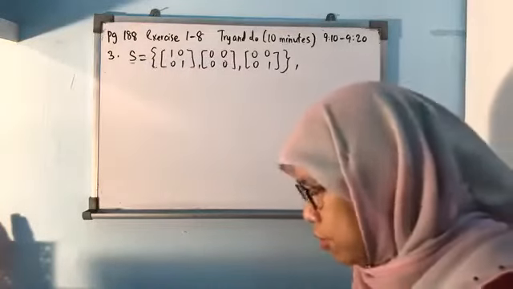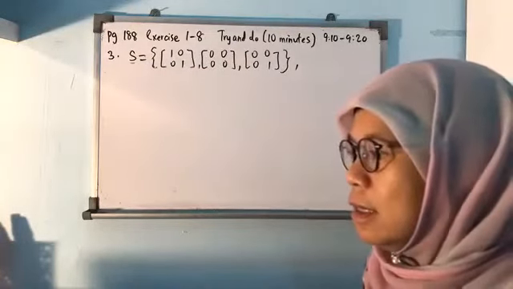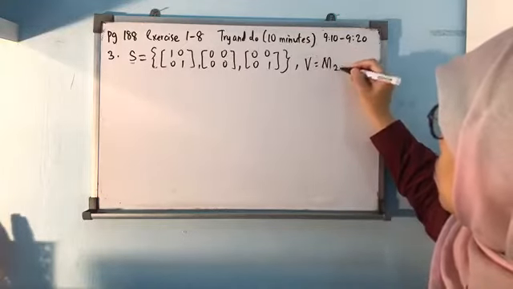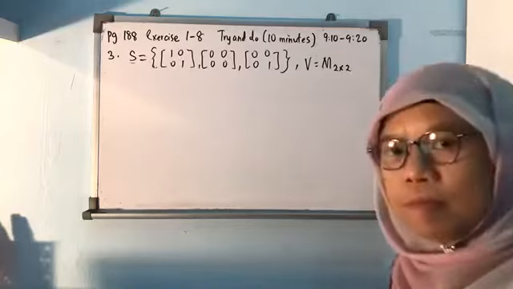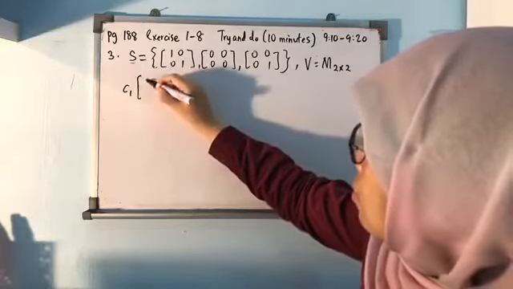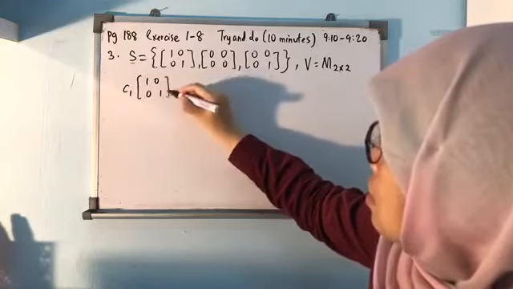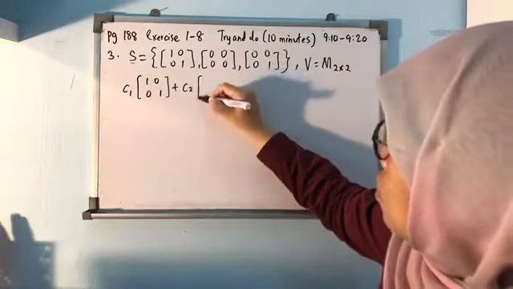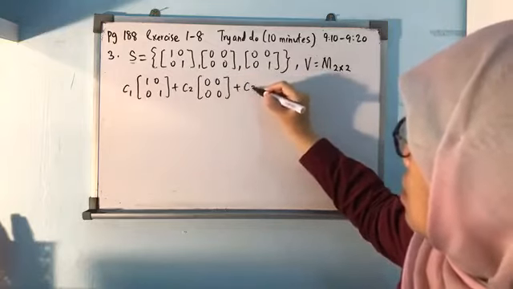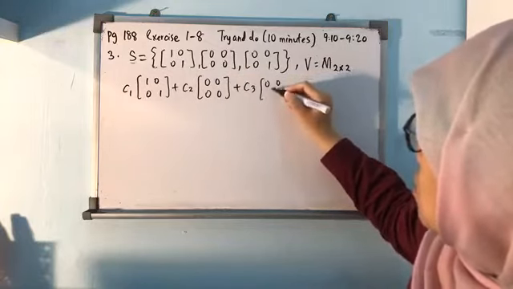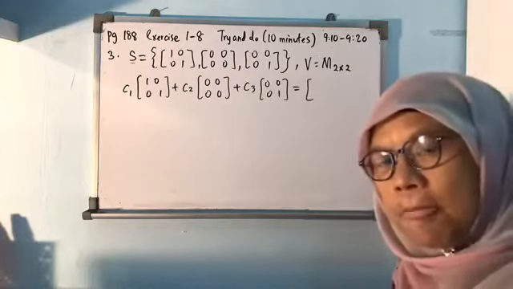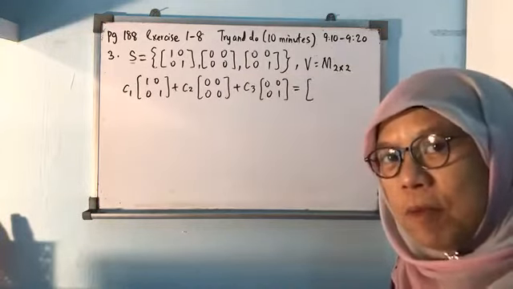Okay, what is your V? V equal matrices 2 by 2. Okay, and again we put C1 times 1 0 0 1 plus C2 times 0 0 0 0 plus C3 times 0 0 0 1 equal, what is the zero vector for matrices?